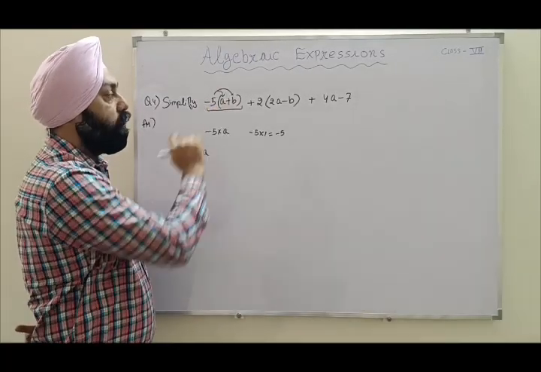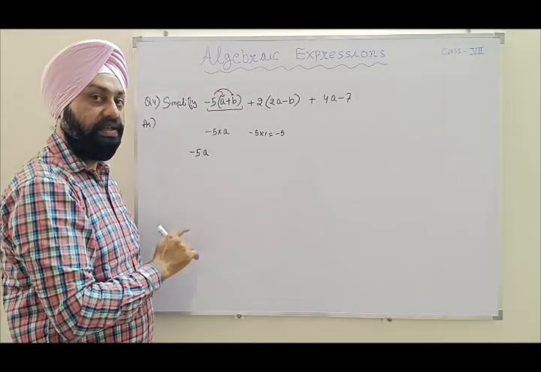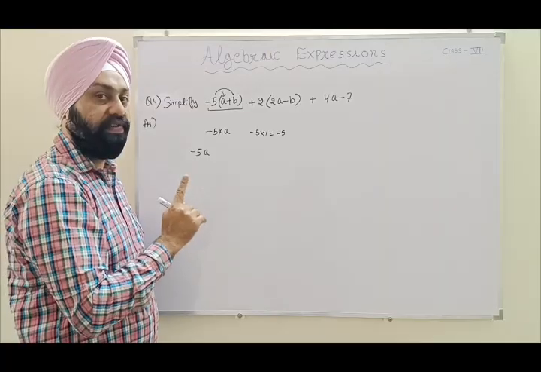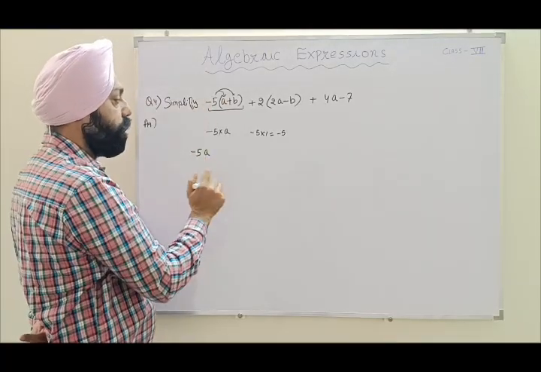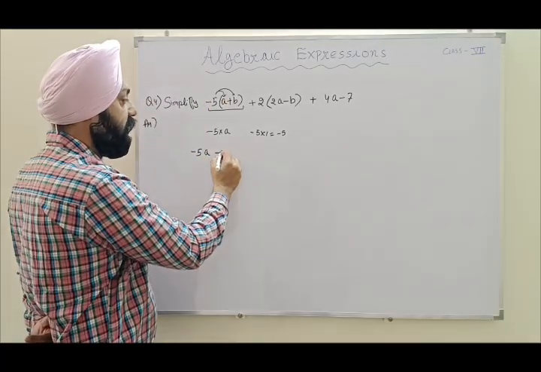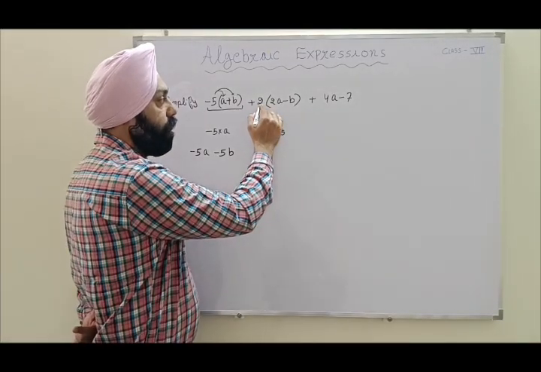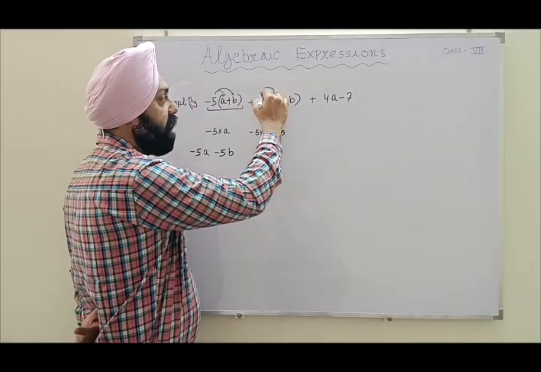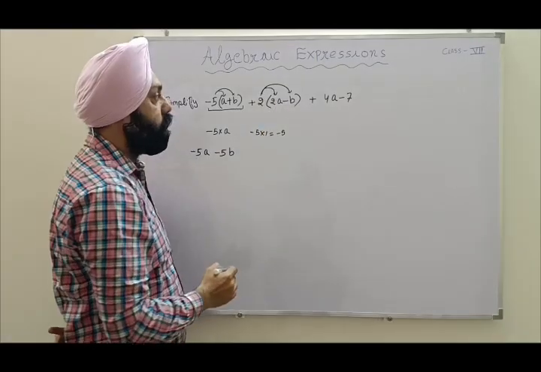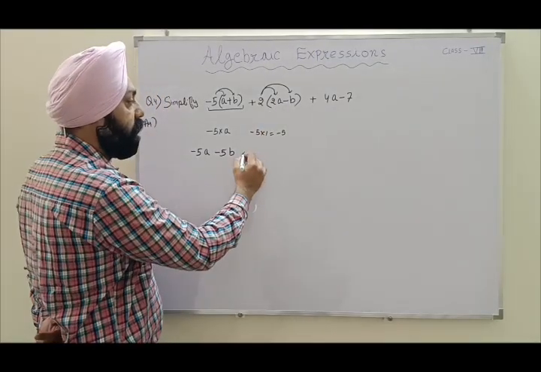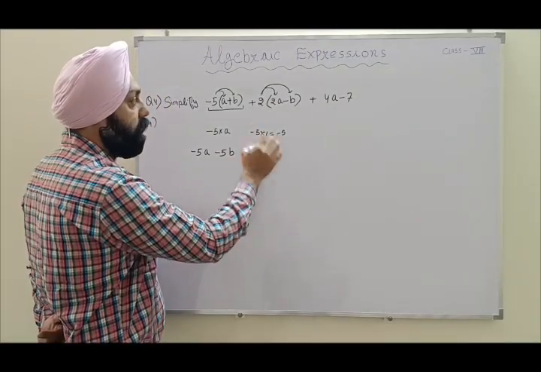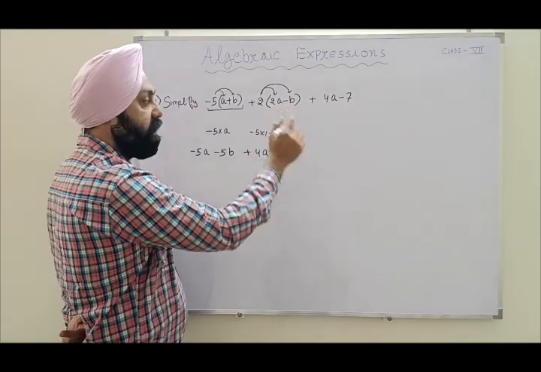Similarly minus 5 into b. The coefficient of b is positive 1. So minus 5 into 1 will give minus 5, and b as it is. Again we have to multiply this 2 with the entire terms in the bracket. So 2 into 2a will give 4a. 2 into minus b.